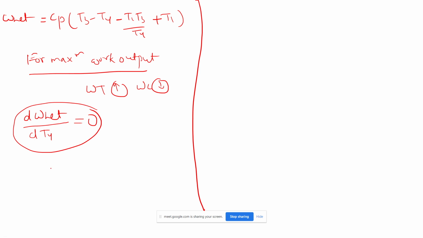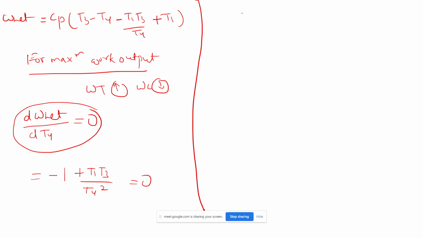Okay, so when we differentiate it, what final term will we get? Can anyone tell me the derivative of net work output with respect to T4? T4 is equal to root of T1 into T3. After differentiating network with respect to T4, we get minus 1 plus T1 T3 upon T4 the whole square equals 0.